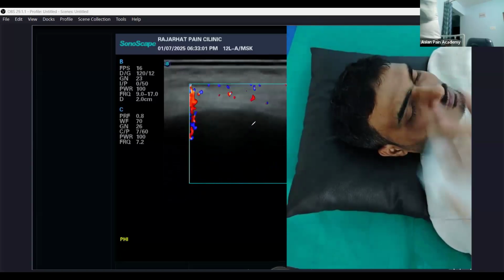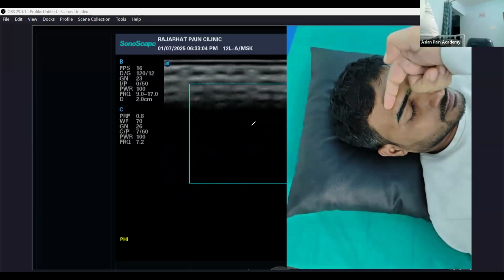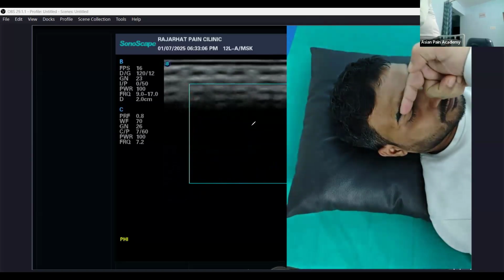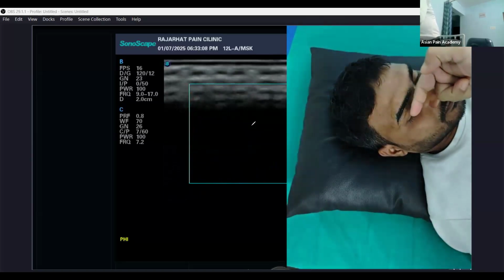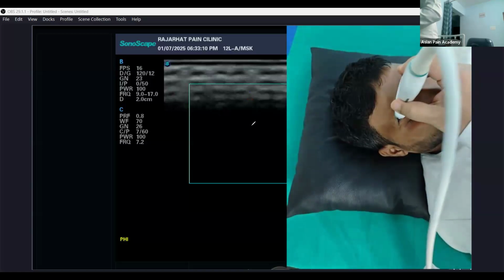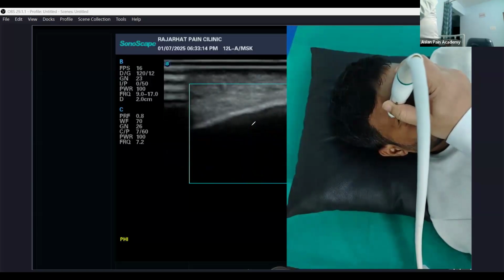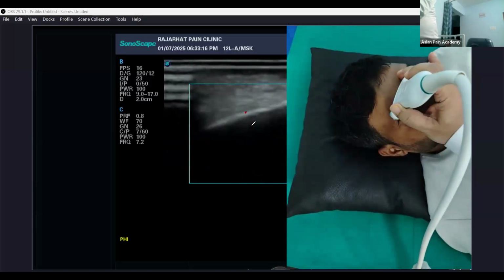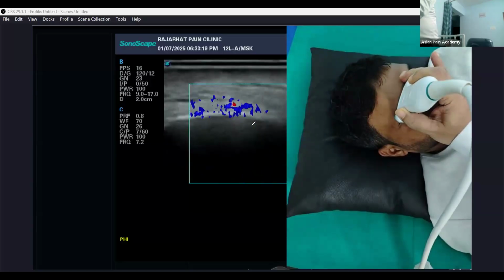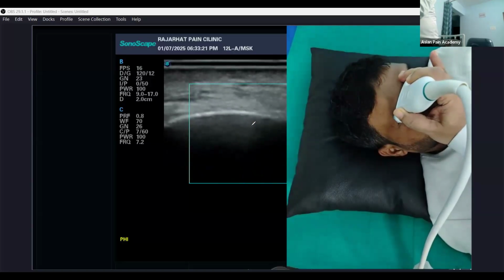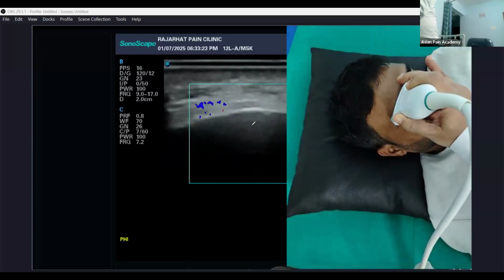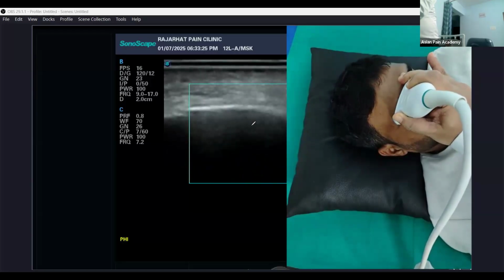So what I am doing, I'm starting from here and going a bit this side, rotating like this. Then I can find it easily. And of course, I have already turned the Doppler function on. So you can see, this is the gap and there is a vessel.